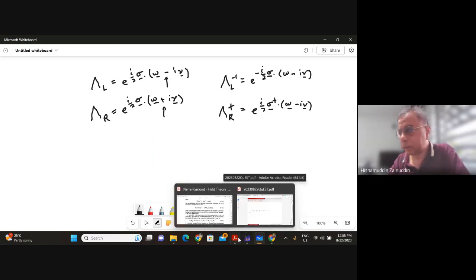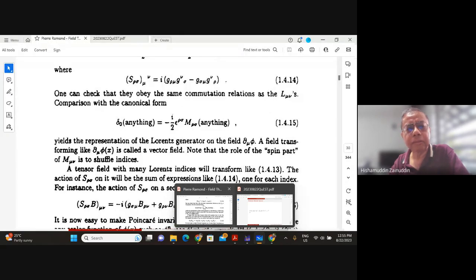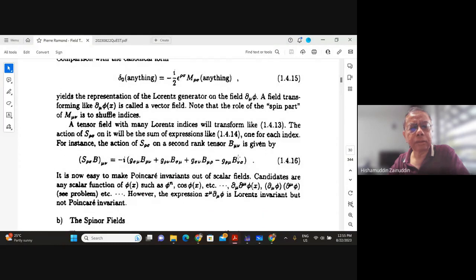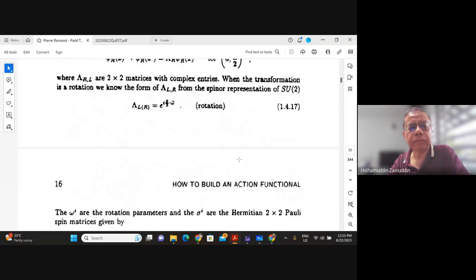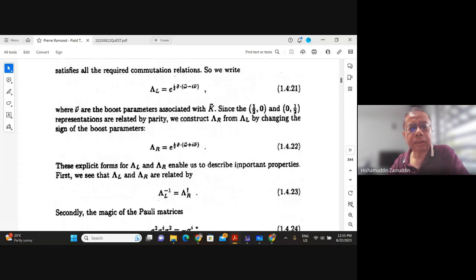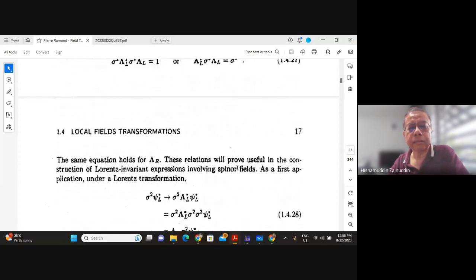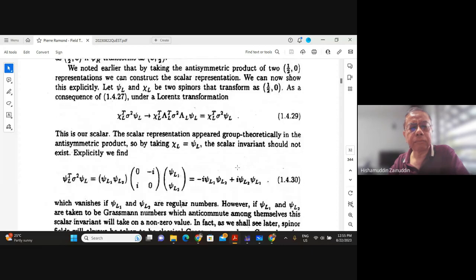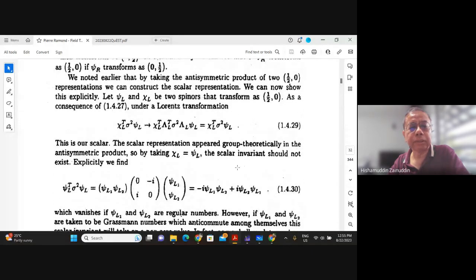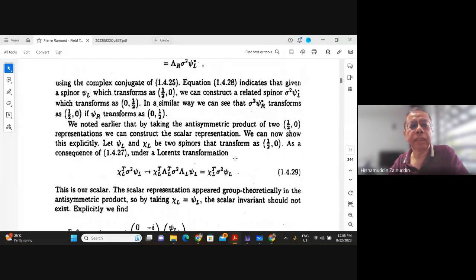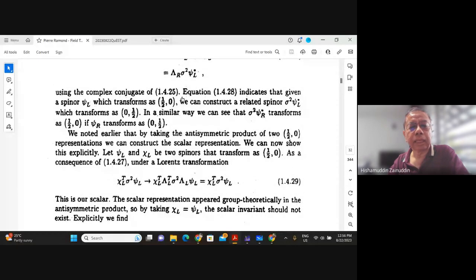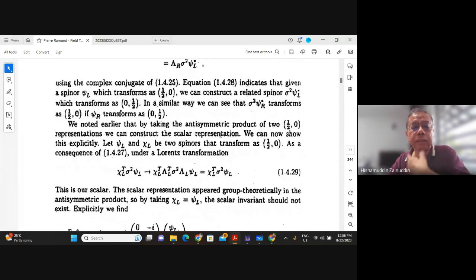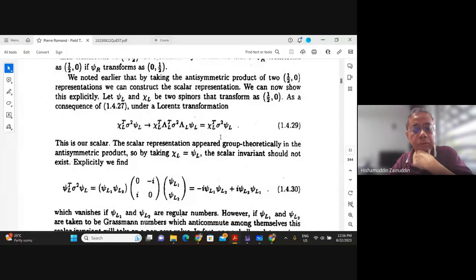So that would be the things to come, I suppose. There are things like going from all this kind of spinor thing, and then you build up combinations of spinors. Remember previously we had the direct sum of half-zero and zero-half will transform like a vector. Somebody asked me that question previously, right?